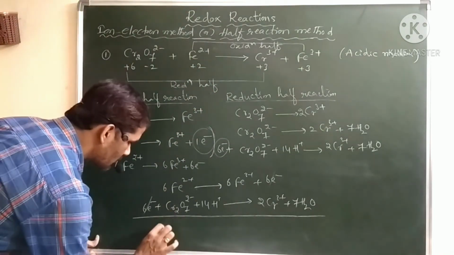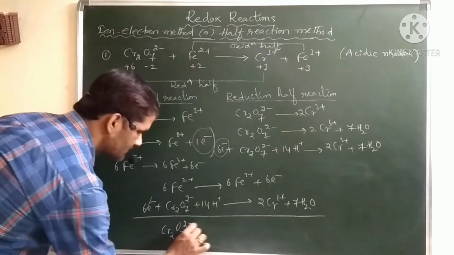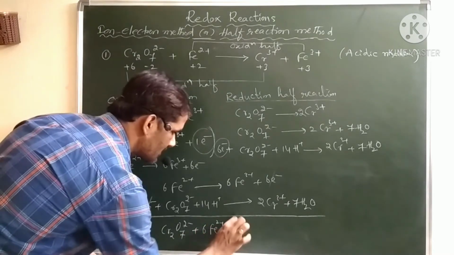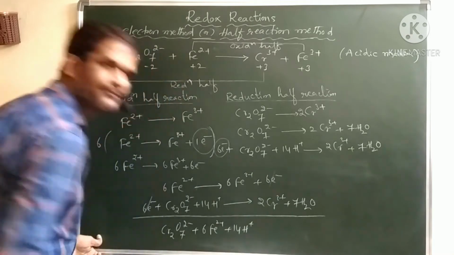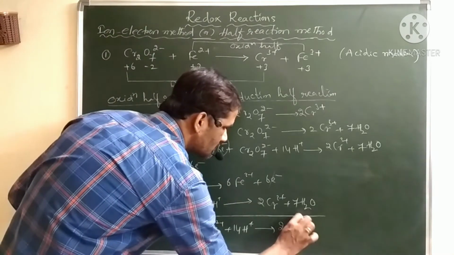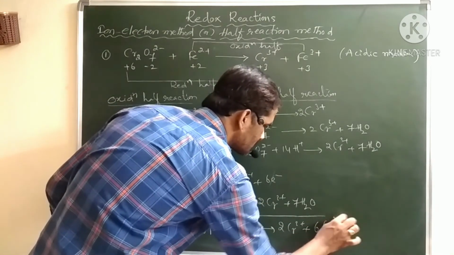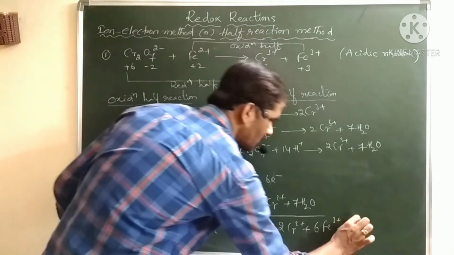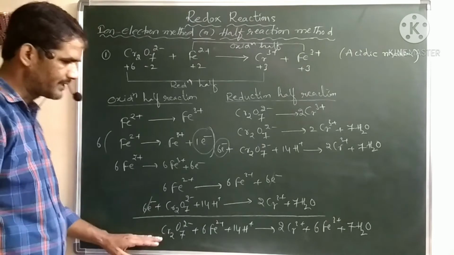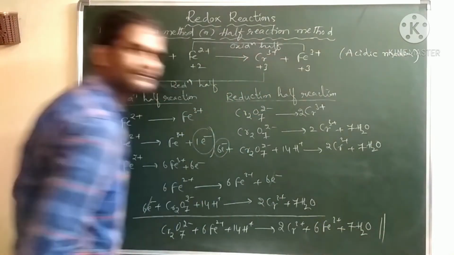Now here dichromate, Cr2O7 2- plus 6 Fe2+ plus 14 H+ will give, on the right side, 2 chromium 3+ and 6 Fe3+ and extra 7 water molecules. So left side completely over and right side also completely over. So this is the final balanced equation.